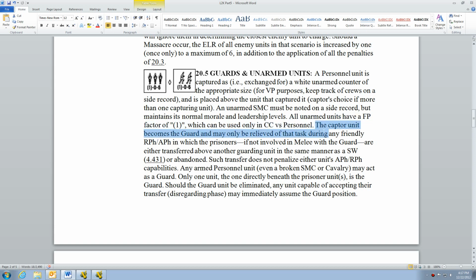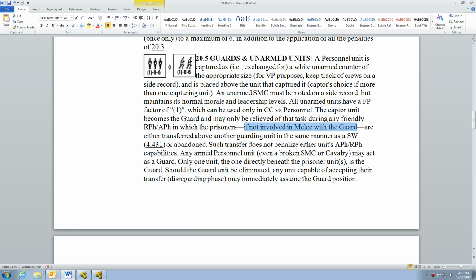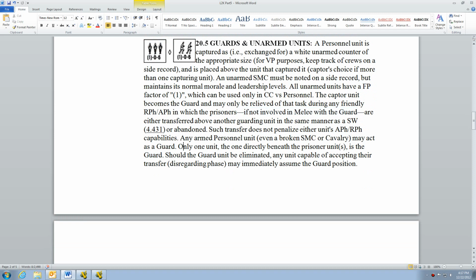The captor unit becomes the guard and can be relieved of that task during any friendly rally phase or advance phase, in which the prisoners, if not involved with melees with the guard, can be transferred from one unit to another. Only one unit, the one unit directly beneath the prisoner units, is the guard unit.